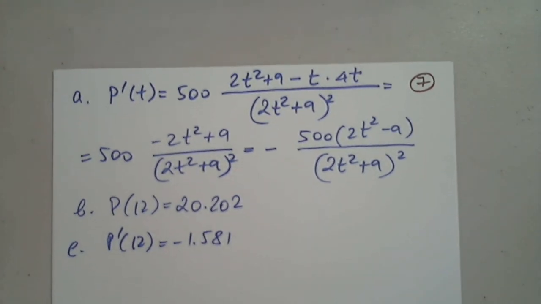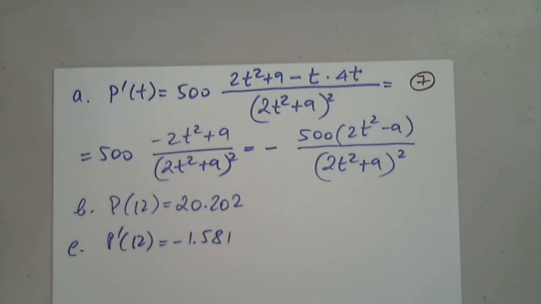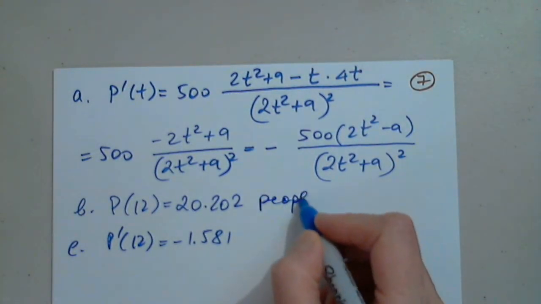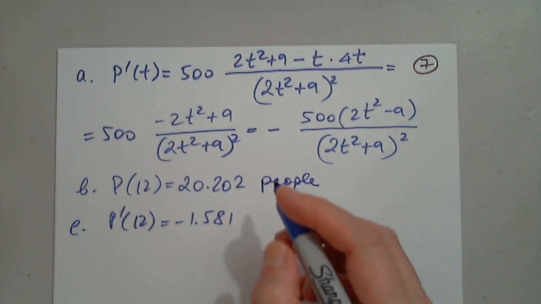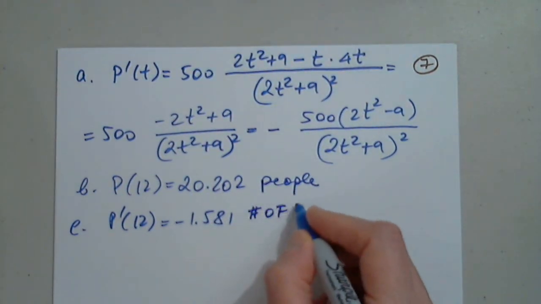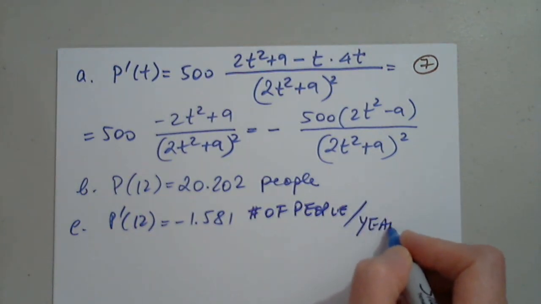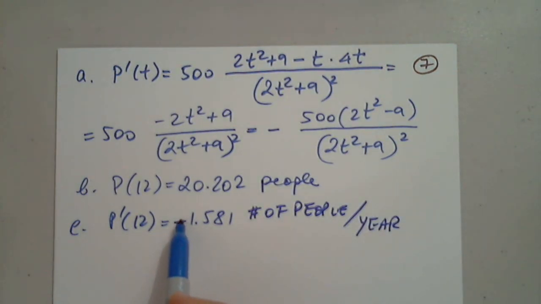And now we have to decide upon the measurement unit. So this was population, right? Population growth. So this is number of people, and this is number of people per year. And this is a decrease.